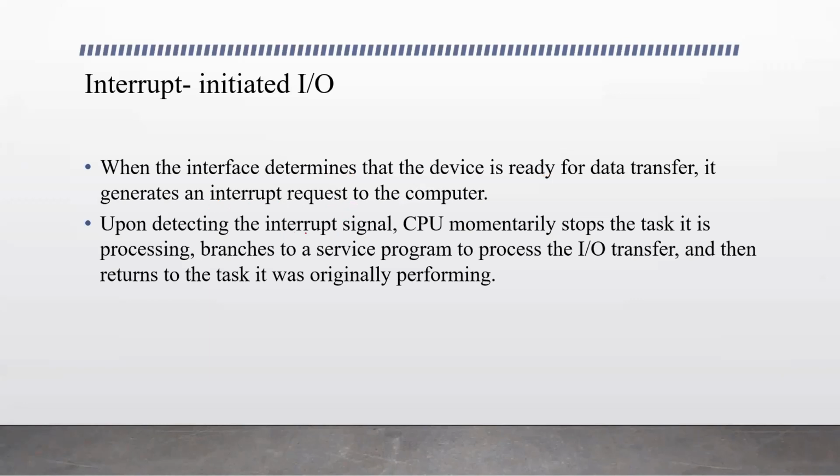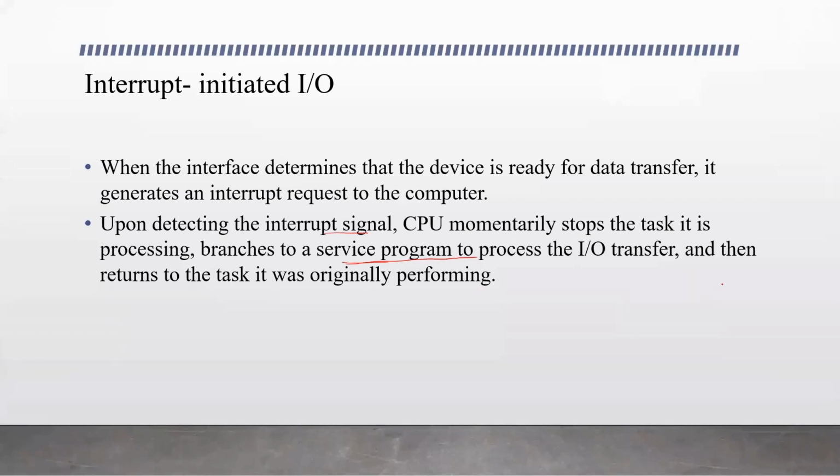Upon detecting the signal, the CPU momentarily stops the task it is processing, as it may be busy with some other process. Upon receiving the interrupt signal from the input device, it stops what it is doing and branches to a service program to process the IO transfer, and then returns to the task it was originally performing.